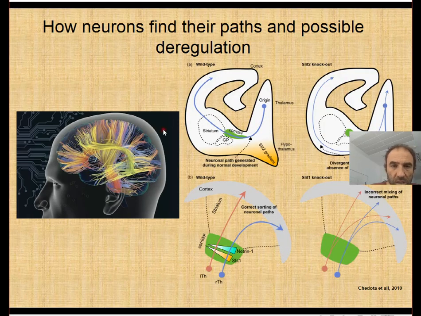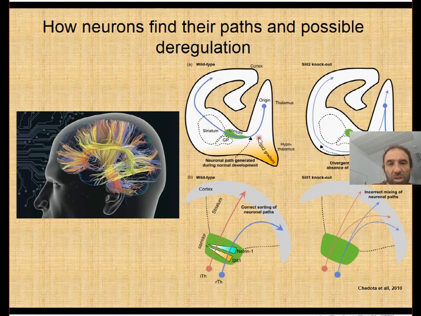So in practice, and this is an example here for thalamocortical axons, they have to start somewhere in the thalamus, continue their path, go through some corridors, pass different regions of the brain, and move on to the cortex.